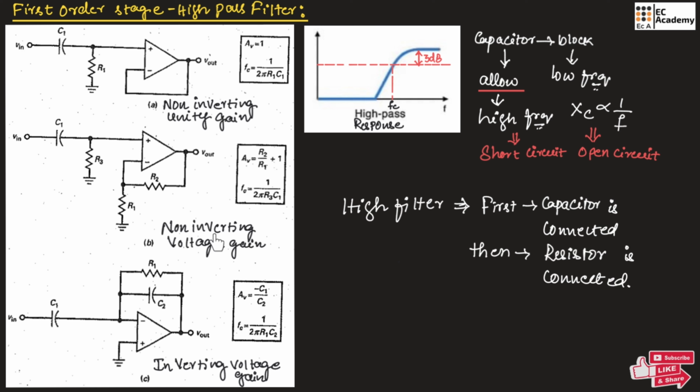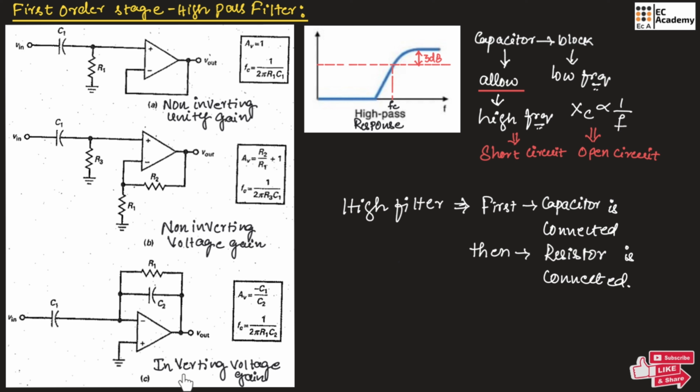Figure B shows non-inverting voltage gain. Here in the feedback we are connecting two resistors, hence we will get some voltage gain that can be calculated using the formula R2 divided by R1 plus 1, and the cutoff frequency can be calculated using the formula 1 divided by 2 pi R3 C1.